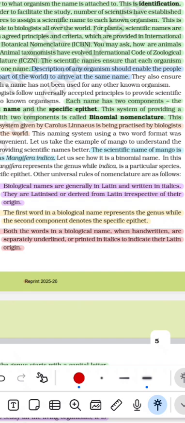And why it is not underlined, you may have a question, because it is printed in italics, so there is no need to underline.